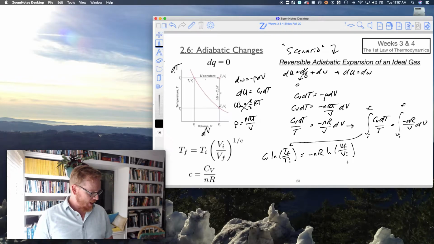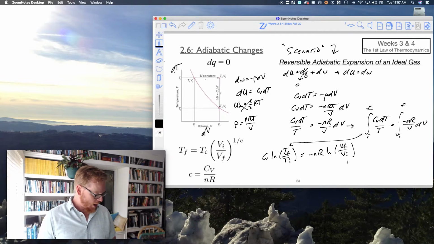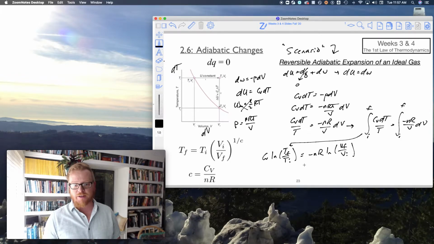Okay. And then now I'm going to do a couple of log tricks. I'm going to divide this over to this side and say that that's CV over nR times natural log of Tf over Ti.